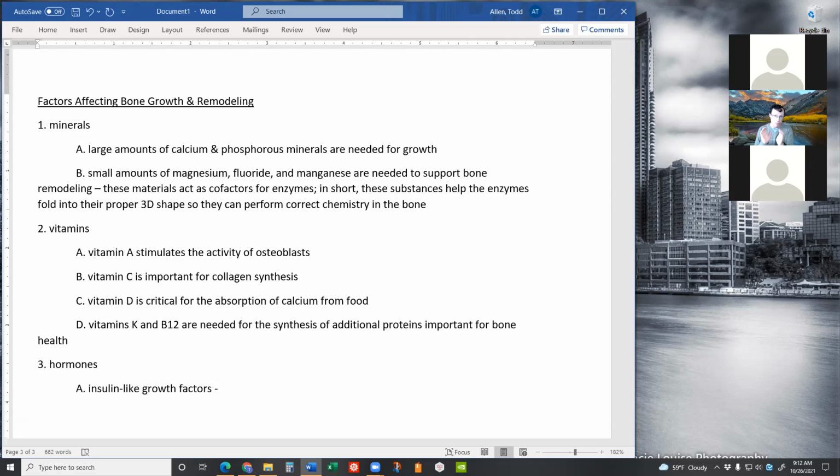So remember, some proteins can function as hormones. So insulin-like growth factors are hormones made of protein constructed inside liver and bone cells. And these insulin-like growth factors promote mitosis, which is to say cell division.